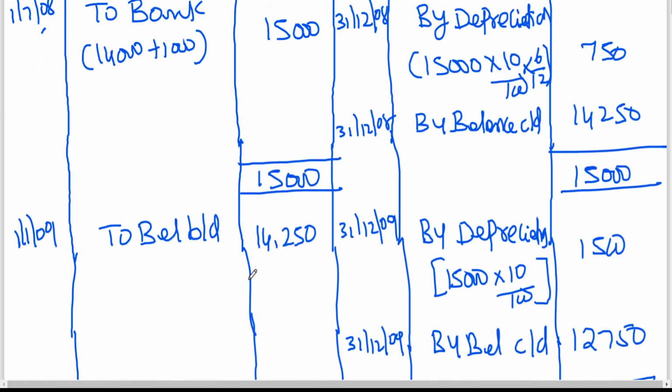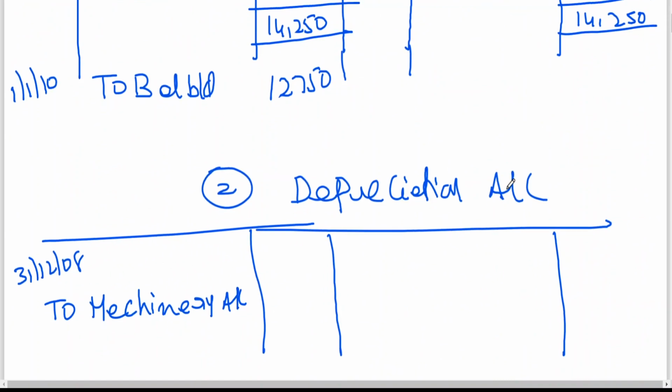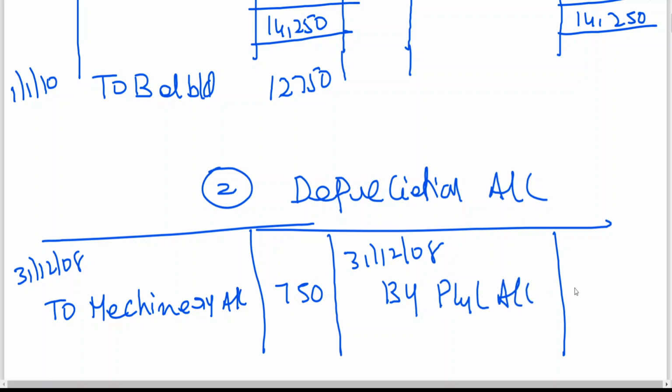First year depreciation is how much? 750. This depreciation account is closed by transferring to profit and loss account. You learned that in final accounts, in the P&L account we show depreciation on the debit side. This is what is called the closing entry.